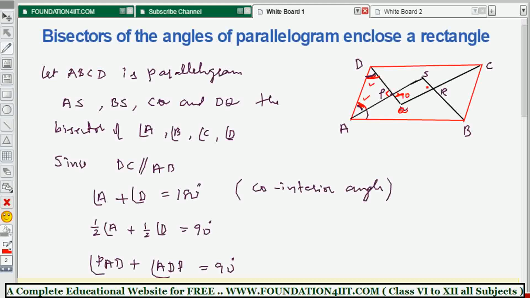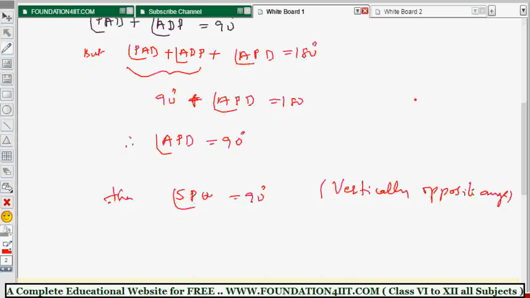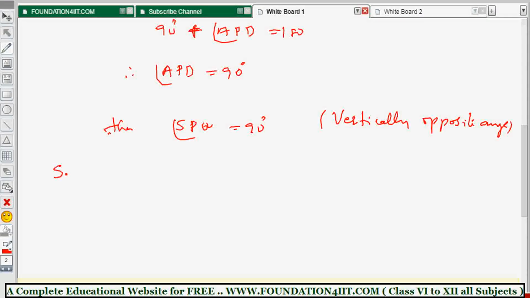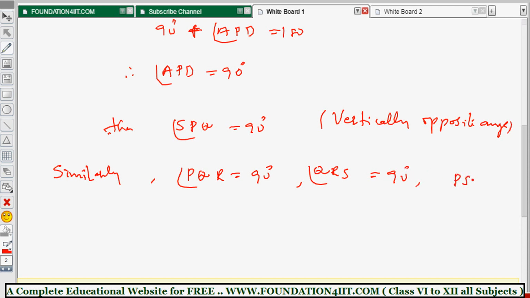Similarly, we can prove angle SRQ is 90, and the other three also 90. First you have to prove one angle is 90 degrees inside the rectangle. Then you can write similarly angle PQR is 90 degrees, QRS is 90 degrees, and PSR is also 90 degrees.